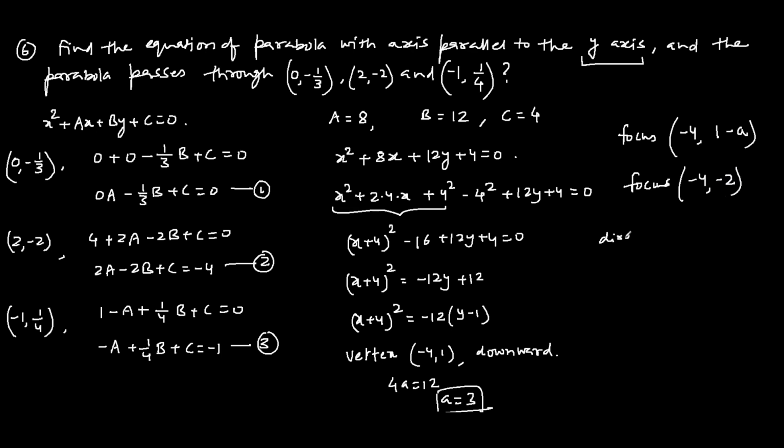What about the directrix? The directrix is at distance a above the vertex. So the point on the principal axis through which the directrix is passing has to be minus 4, 1 plus a, that is minus 4 comma 4, so the equation of the directrix should be y equal to 4.